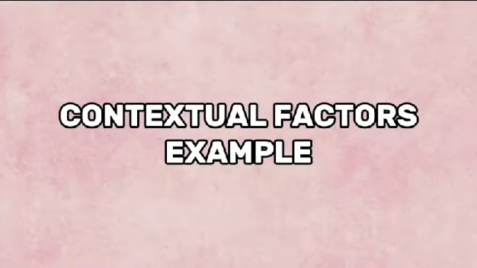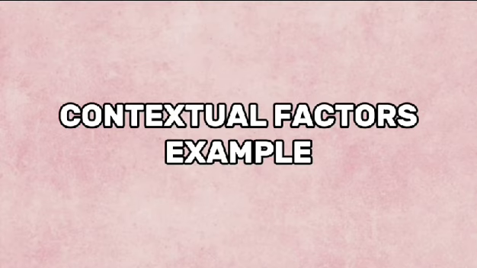Contextual factors example. The message was sent at midday when many people have meetings and could not receive it immediately. While they were still going through the content of the message, they only saw it, and this was a little bit slow. The context of the communication, that is the time of the occurrence, the location, and the physical environment, can affect the success of the communication.